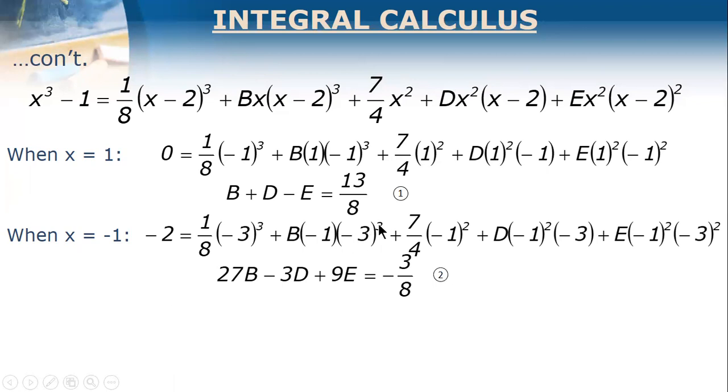So negative 3 cubed is negative 27 times negative 1, positive 27. So the unknowns will remain on one side, and then constants transposed to the opposite side. And after you simplify, this is the result.